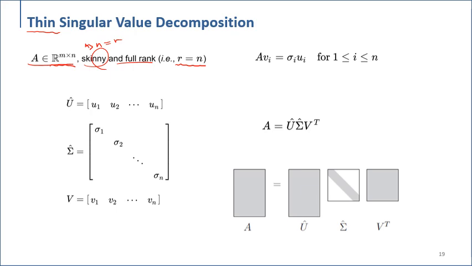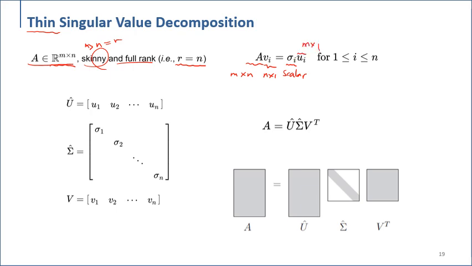For that, we know that the A matrix has the size of M times N, and the Vi vector has the size of N times 1. Sigma i is the singular value, so this one is a scalar. And Ui is a vector that has the size of M times 1.